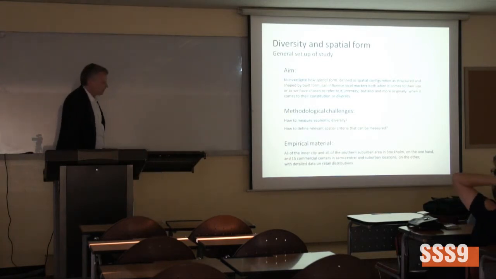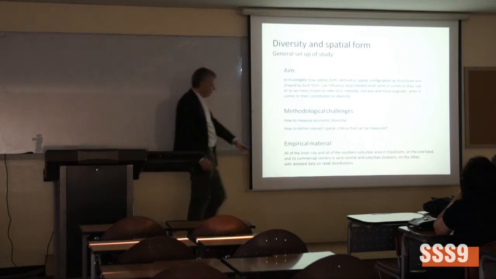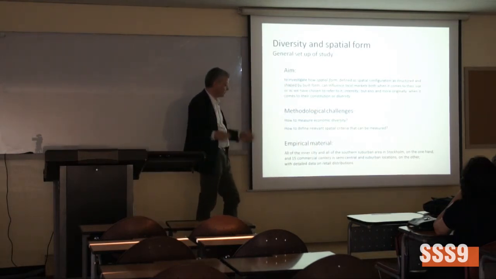The empirical material for this is all of the inner city of Stockholm. We have a large amount of data when it comes to retail, a very rich database of detailed data on the retail distribution in large parts of Stockholm.